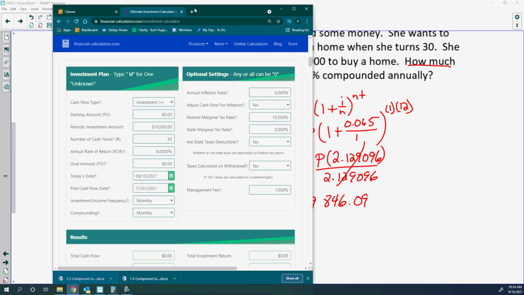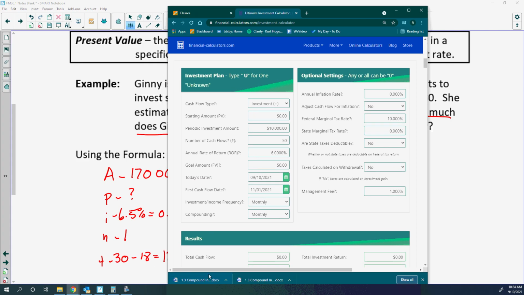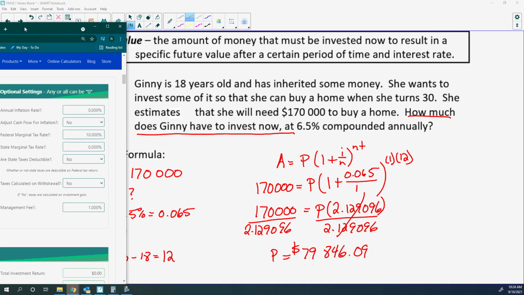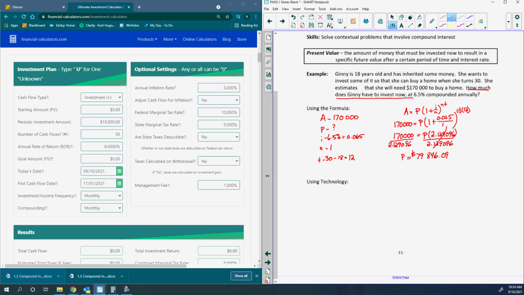Now I can have the question and my calculator up at the same time. Make sure that your right side is 0.